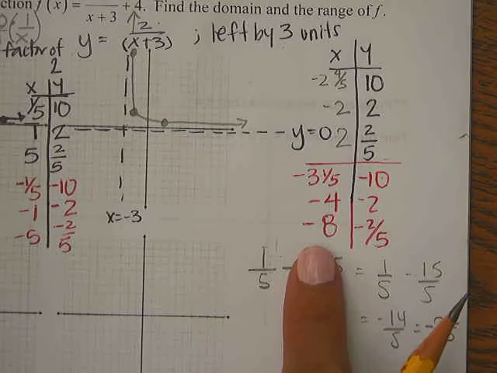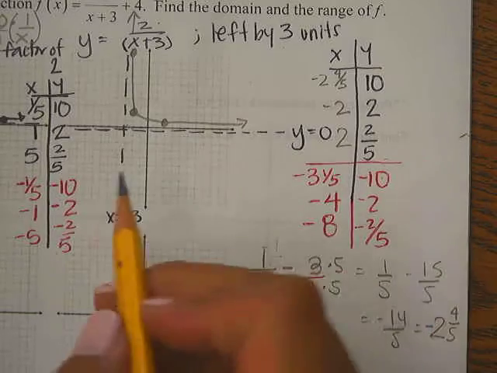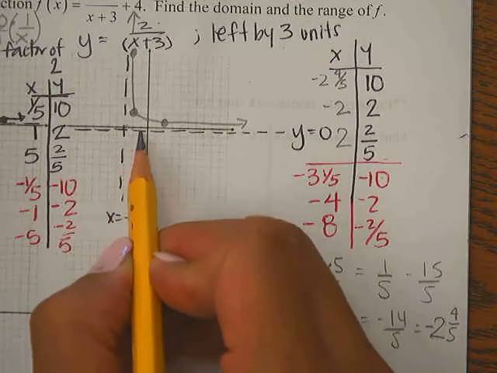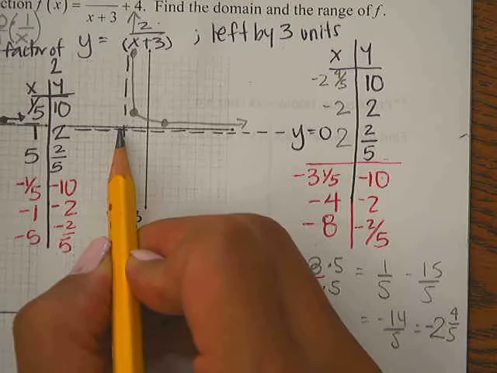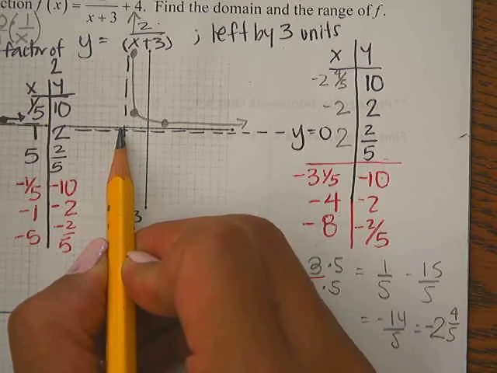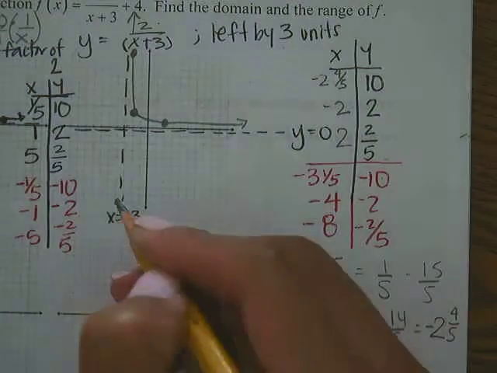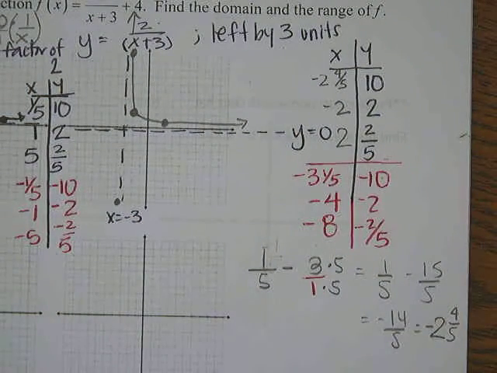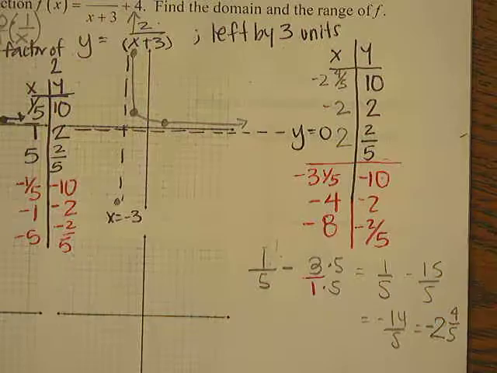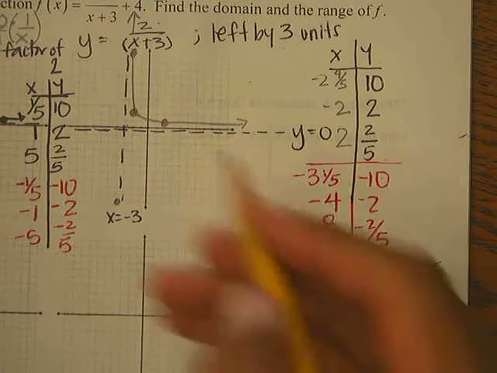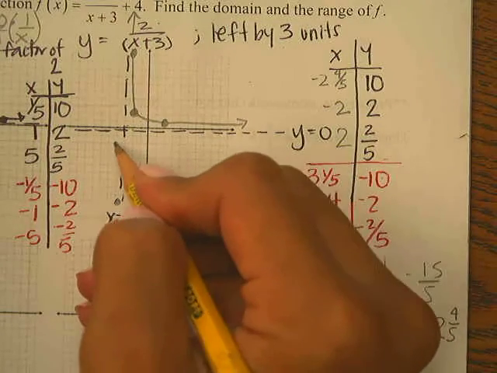The second one on the left is going to be negative 3 and 1/5. So here we go. Negative 1, negative 2, negative 3, negative 3 and 1/5. It's somewhere in between negative 3 and negative 4, and go all the way down to negative 10. All right, my light just went off because I'm not really moving. Okay, there you go. And then we have negative 4 comma negative 2. So negative 4, negative 2.